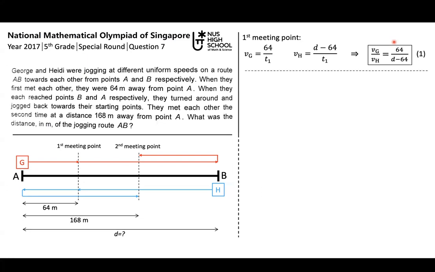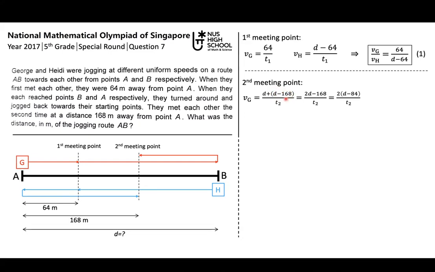Now let's consider the second meeting point. At the second meeting point, George travels from A to B and back. So he travels distance d first and turns back from point B and travels a distance of d minus 168 meters.